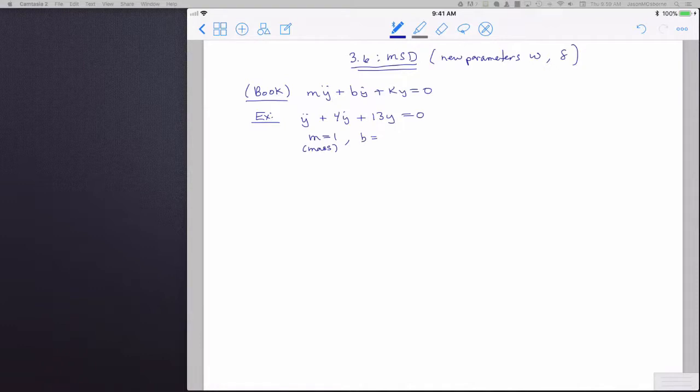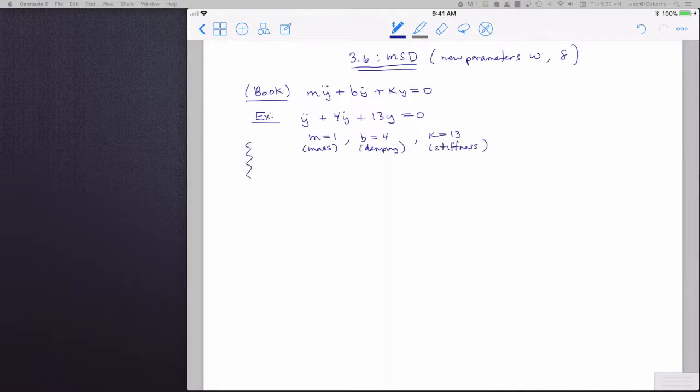B is equal to 4, and this is related to the amount of damping that's present in the spring system, and K is equal to 13, which is related to the stiffness of the spring.